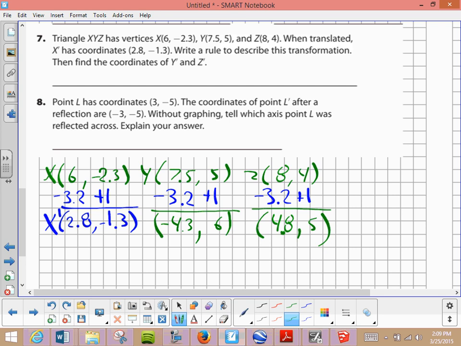This is going to be Y. It's not negative, so you're right. Okay, so those are the new coordinates, and we know that the rule is this one. So when they ask you to describe the transformation, what happened? Like the other one, what happened to the shape?